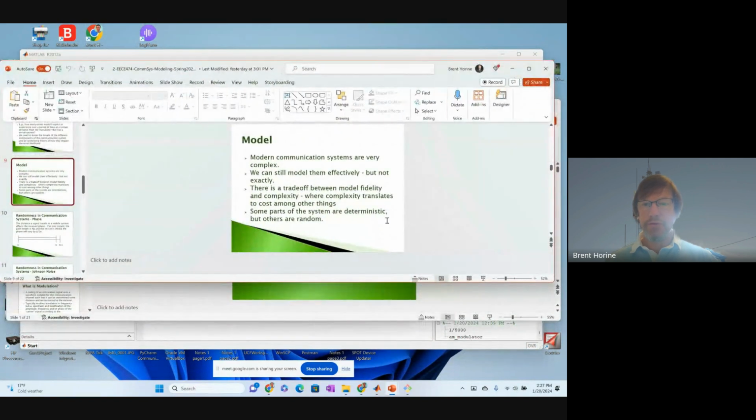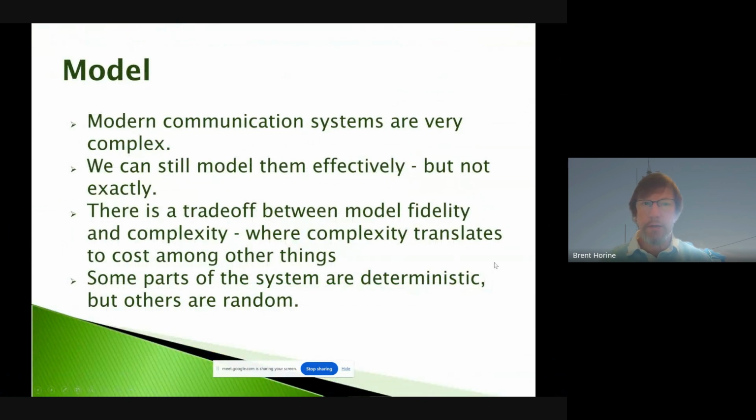We left off on Tuesday talking about how to model communication systems and making a point that there's a lot of randomness in communication systems. First of all, they're very complex, but yes, we can still model them effectively, though not exactly, because of all that randomness.